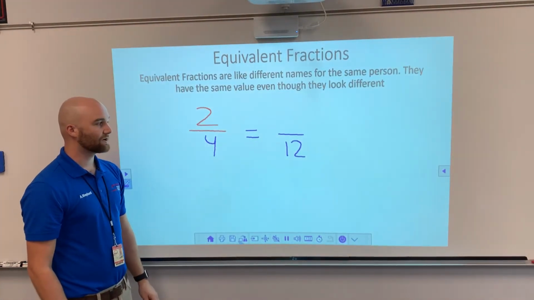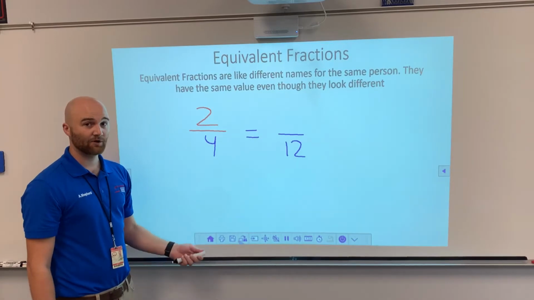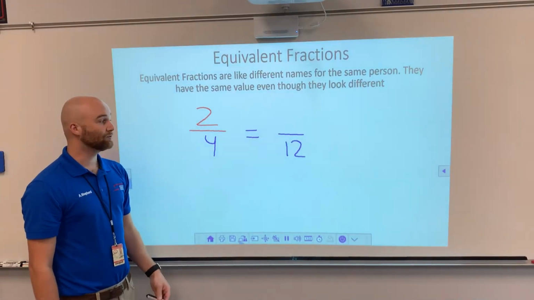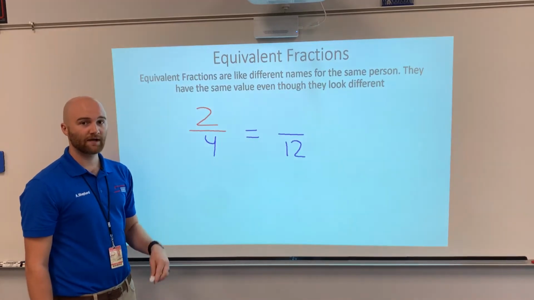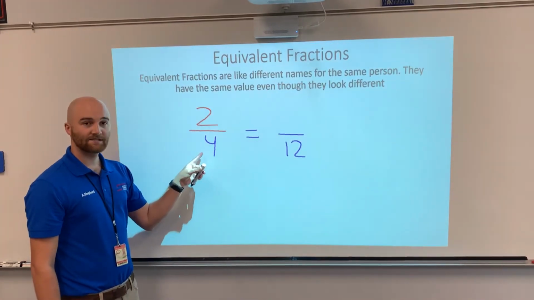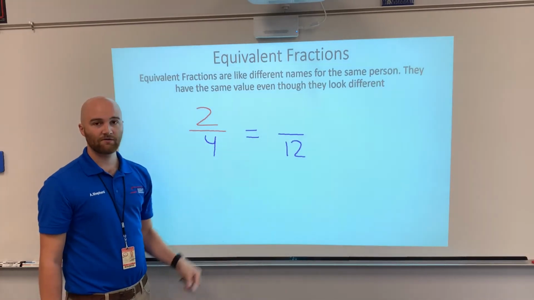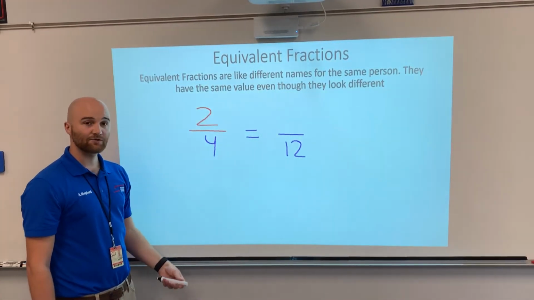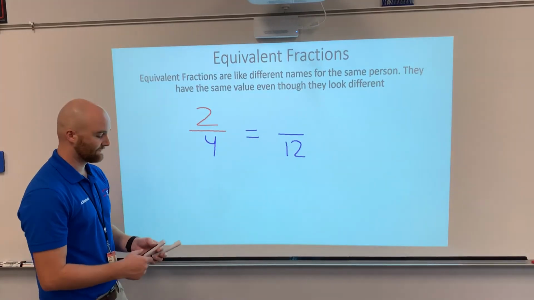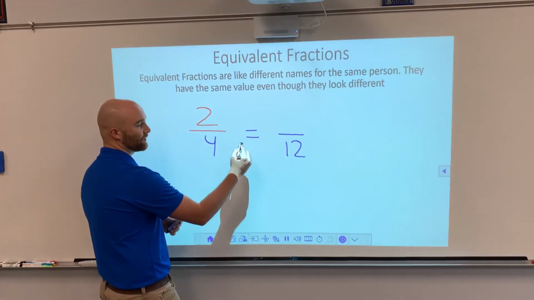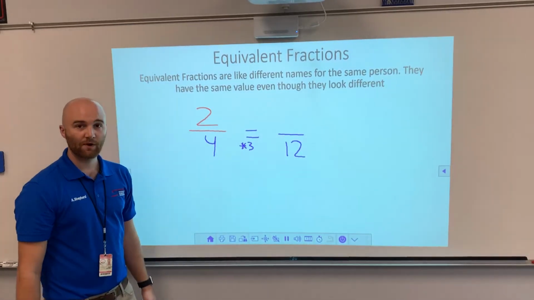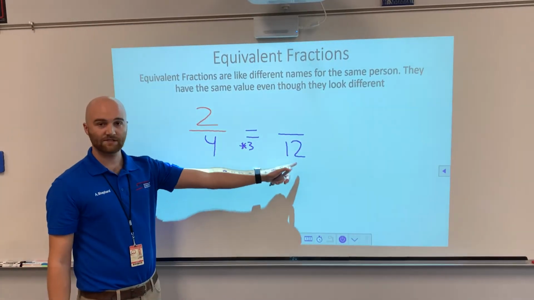Well, I could try to add some things, but adding doesn't work for fractions. I can only multiply or divide. Do you think we should divide something by 4 to give us 12, or we should multiply something by 4 to give us 12? I think we should multiply, so let's see how that looks. If I multiply that 4 times a 3, I'm going to get 12. 4 times 3 gives us 12.